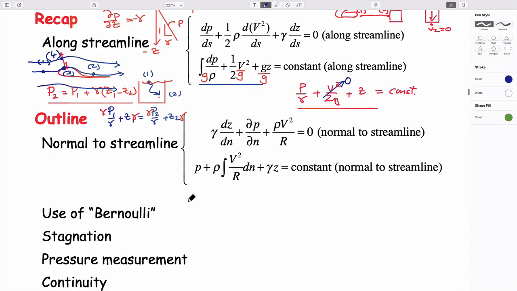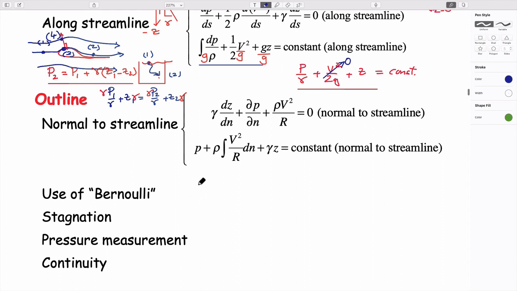And so what we'll talk about today is how to get this expression here, which is the equivalent of this expression for the along-streamline behavior. And you'll see that it has three terms. It has an elevation term, it has a pressure term, just like this has a pressure and an elevation term.